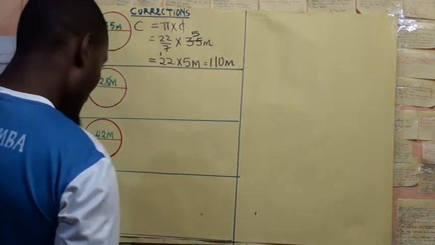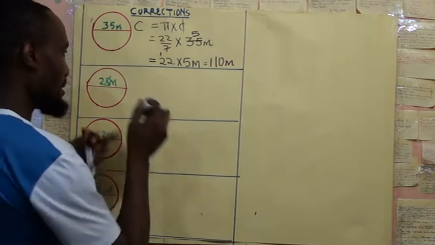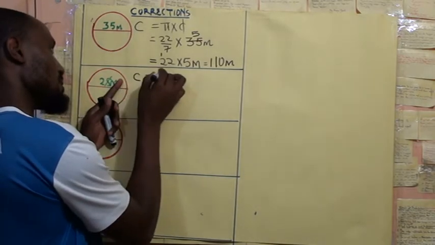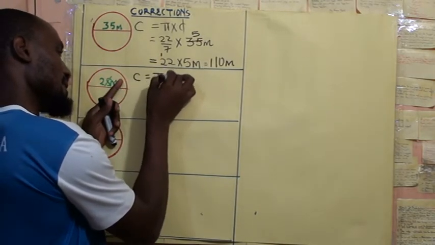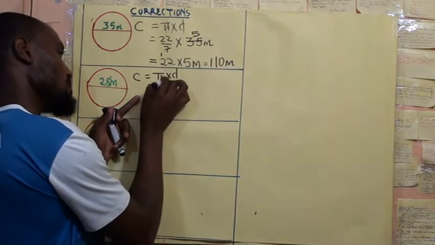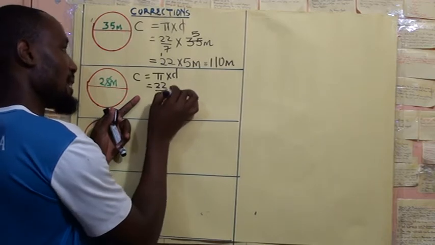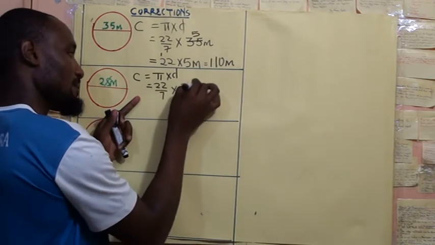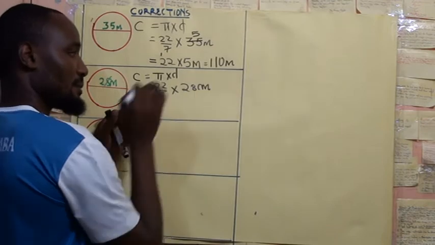Next, you say circumference is equals to pi times diameter. What is our pi? We said it is 22 over 7 times diameter, which is 28 centimeters.